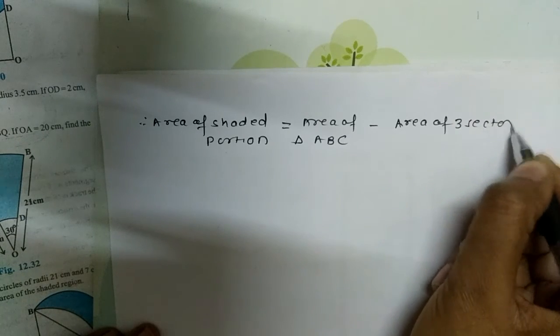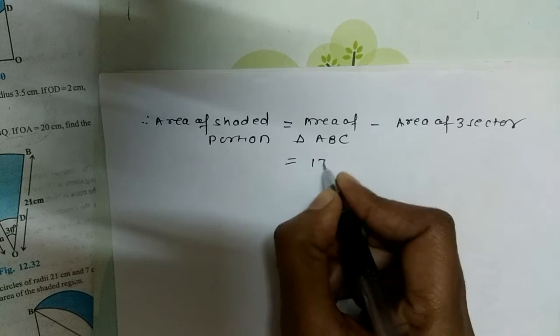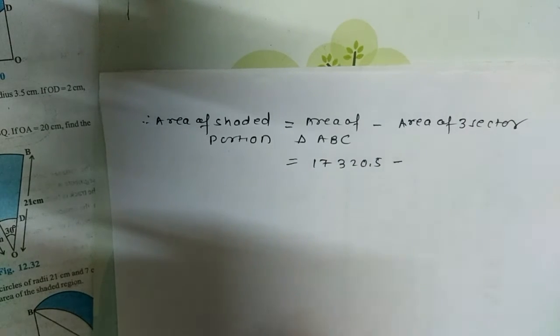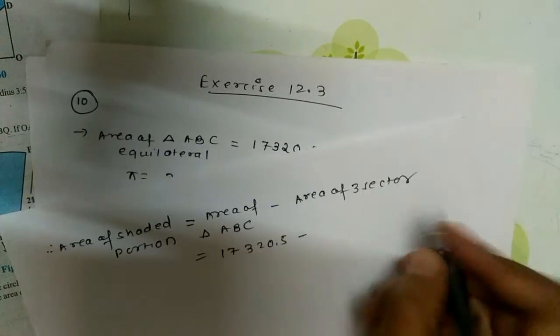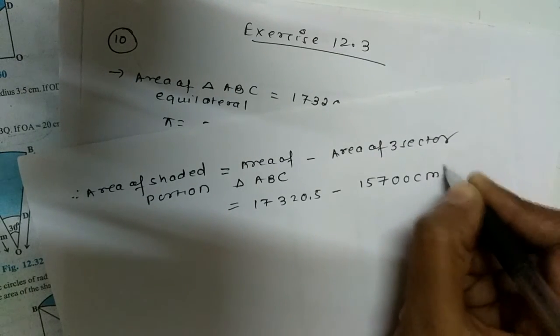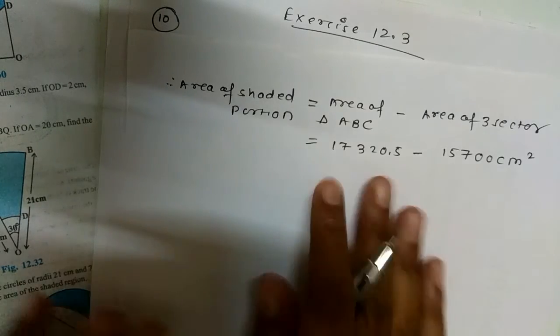The area of triangle ABC is given as 17320.5 centimeter square, minus the area of 3 sectors, which we got as 15,700 centimeter square. So subtract this so that you will get the area of the shaded portion.